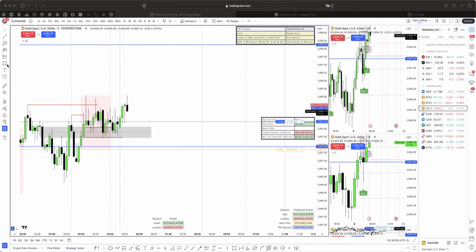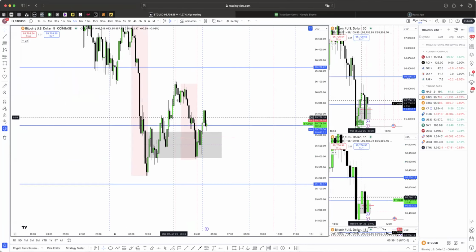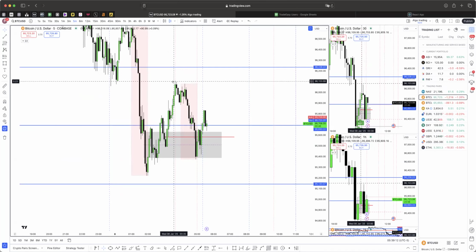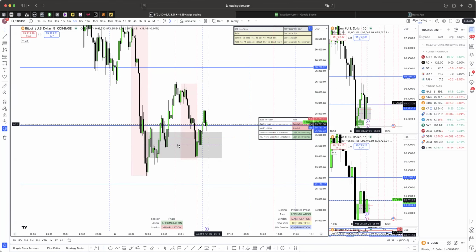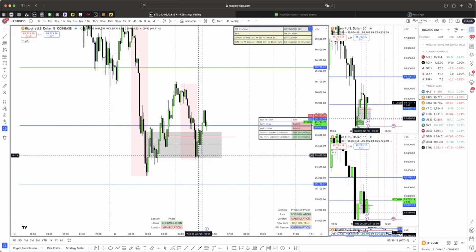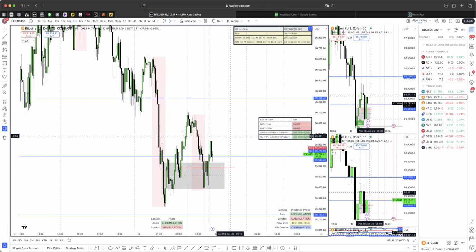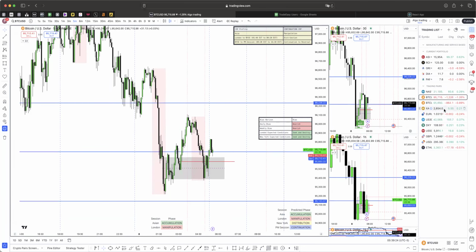To show you, check here, this one. Macro begins here. Inducement is down here. Key level already hit. Calm down and then we go. That's all.